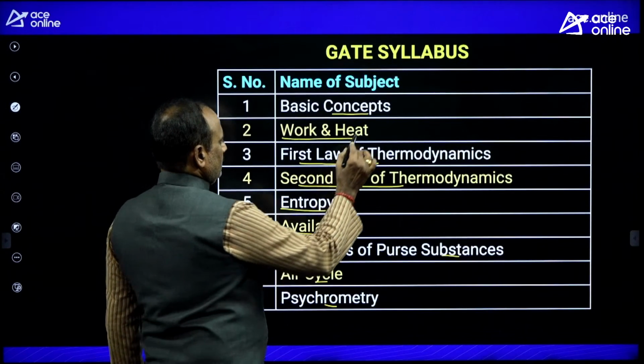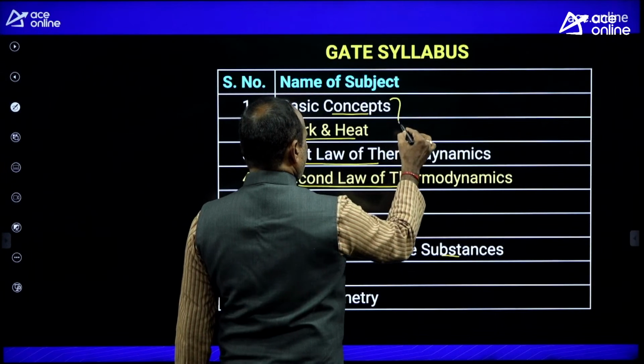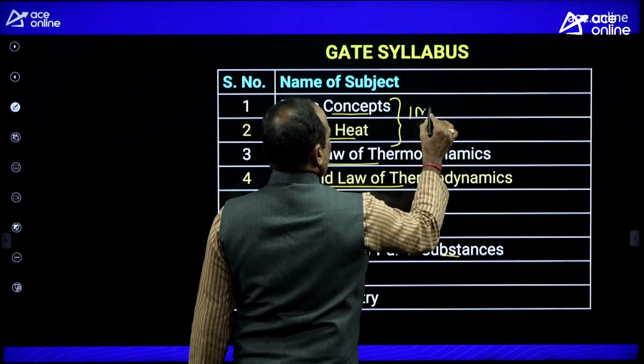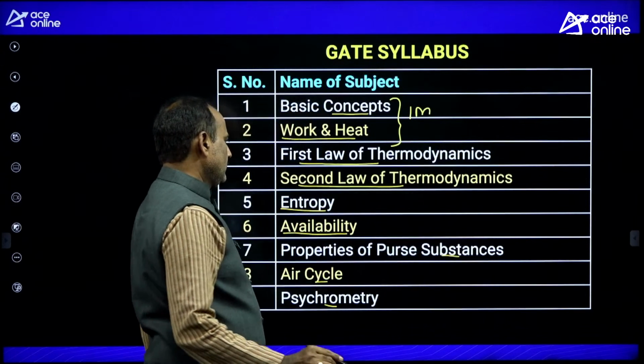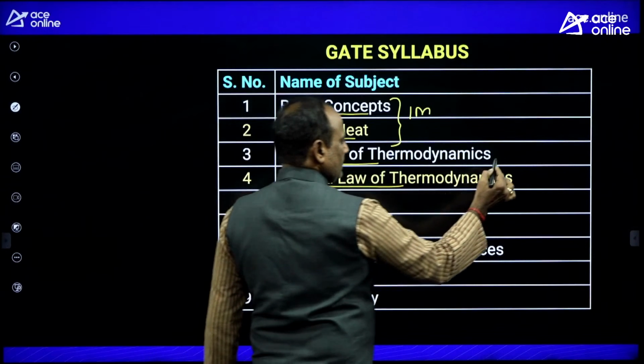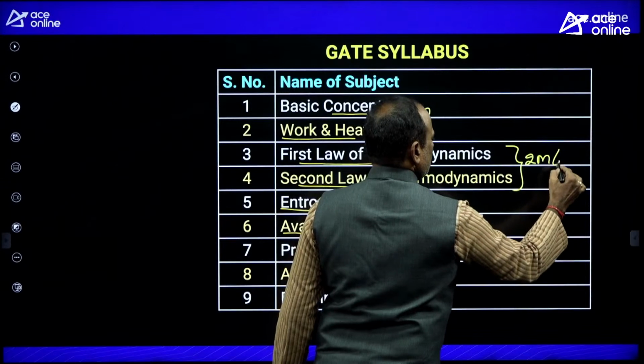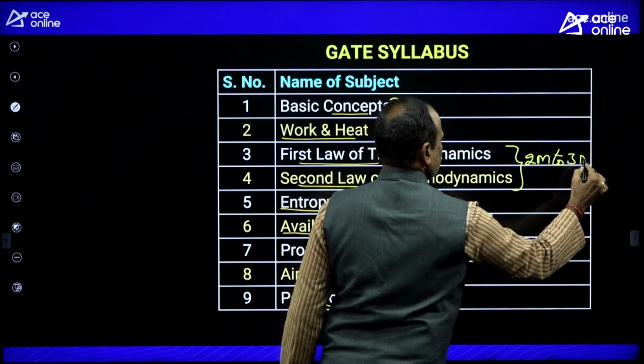Similarly, from basics of thermodynamics, work and heat, a 1 mark question can be expected. From both the first law and second law, you can expect a minimum of 2 marks, maximum 3 marks.